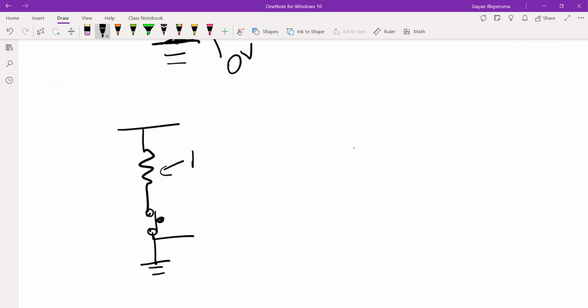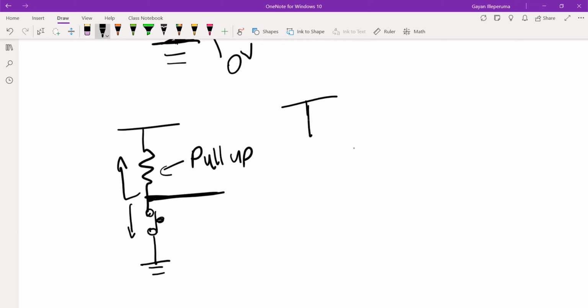Now this is called a pull up, because this voltage is, sorry, the input should be from here. Because when the switch is open, this resistor will try to pull the voltage up, and when the switch is closed, it will drop to 0.